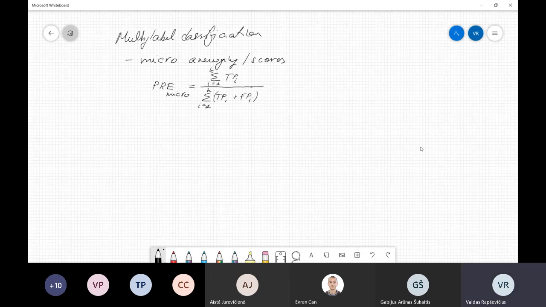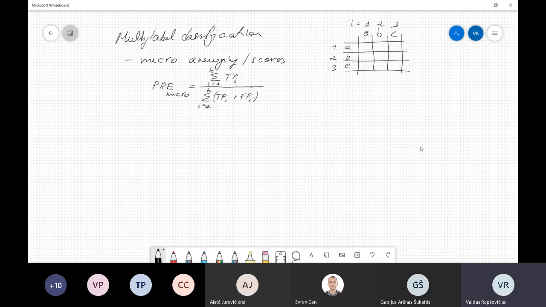When you have a multi-label matrix like I showed you in the beginning, like A, B, C and A, B, C, the true positives are these ones. For class A, it will be equal to 1, 2 and 3. For the first class you would take this as a true positive, and all the others are false positives with respect to the A class, and so on.